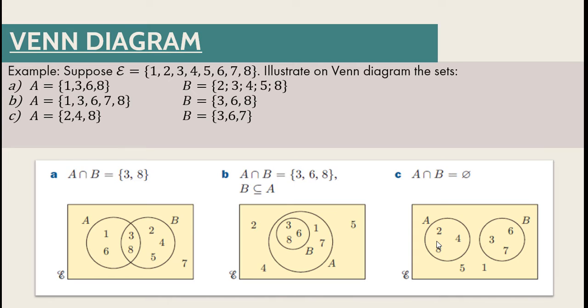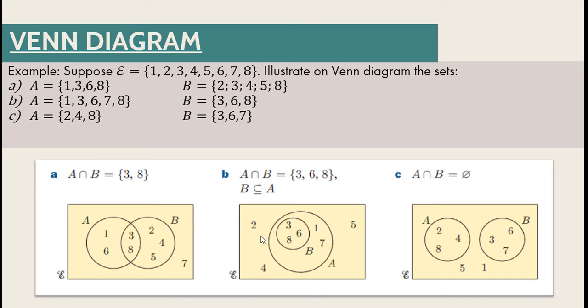Okay, for question B, the intersection of A and B is 3, 6, and 8. And you can see that B is a subset of A. All the elements in B are also in A. So we will draw B completely contained by the circle A. So you can see that 3, 6, 8 are the set B, and then the set A contains the set B and the numbers 1 and 7.